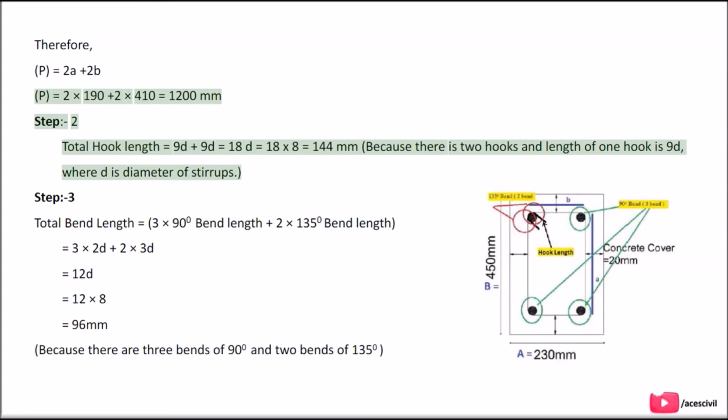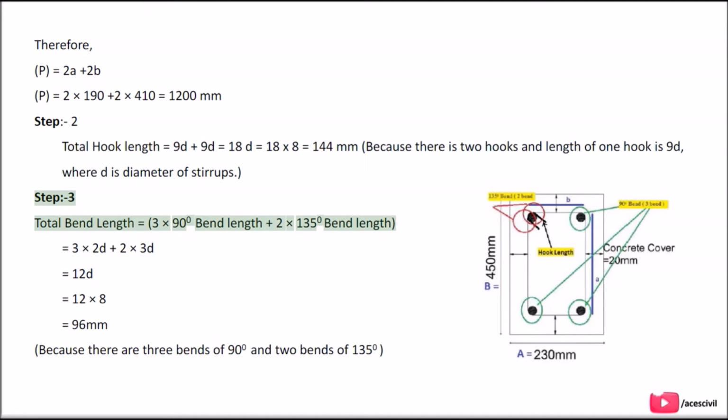Step 2: total hook length equals 9d plus 9d equals 18d equals 18 times 8 equals 144 mm, because there are 2 hooks and length of one hook is 9d, where d is diameter of stirrups.